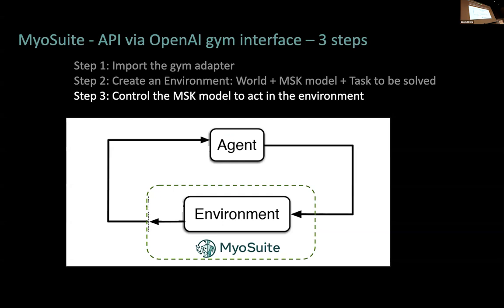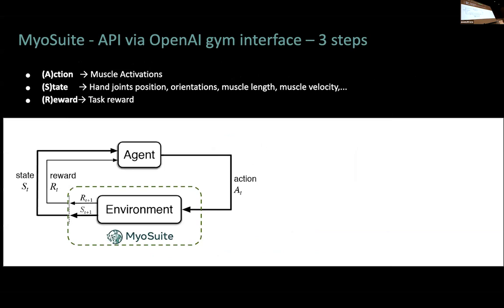In this, we are the agent that acts in the environment through the muscle activation. So what does that mean? That our agent is our controller, our brain, controls the musculoskeletal model through actions. And every time we act in the environment, we change the state of our body and the environment. We can observe that, and we have information also about how far away we are with respect to the target, our goal, and that is codified as a reward.